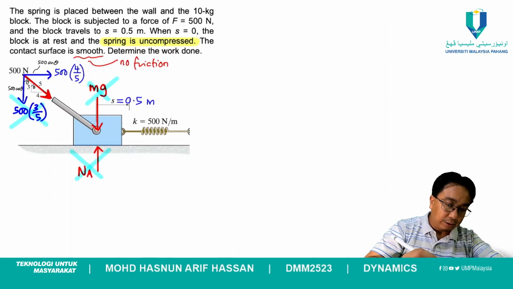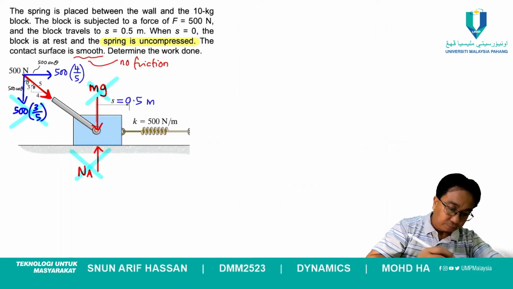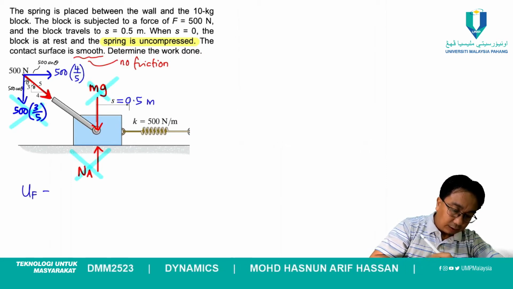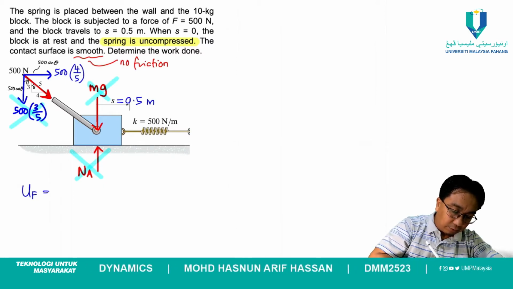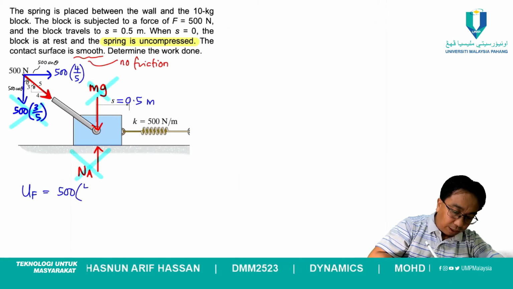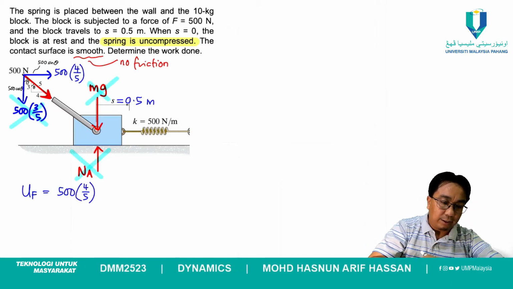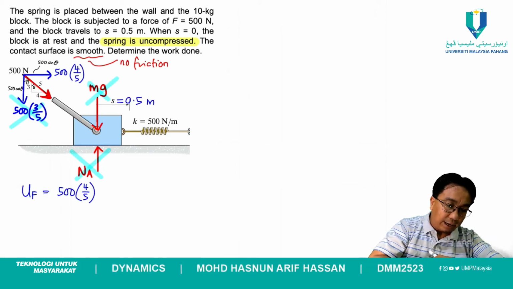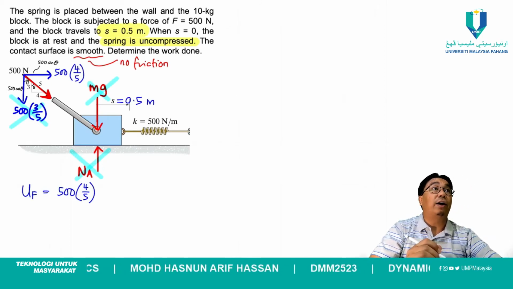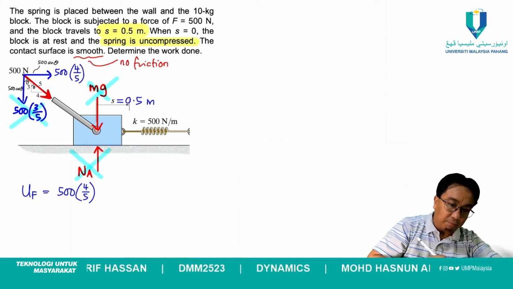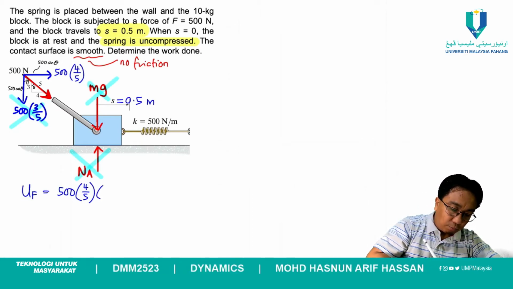Let's calculate UF first. Okay, UF is 500, the force itself, so 500 times 4 over 5 multiply with delta S. So here it says that delta S is 0.5 meter, travels 0.5 meters, so this will be multiplied with 0.5 lah.